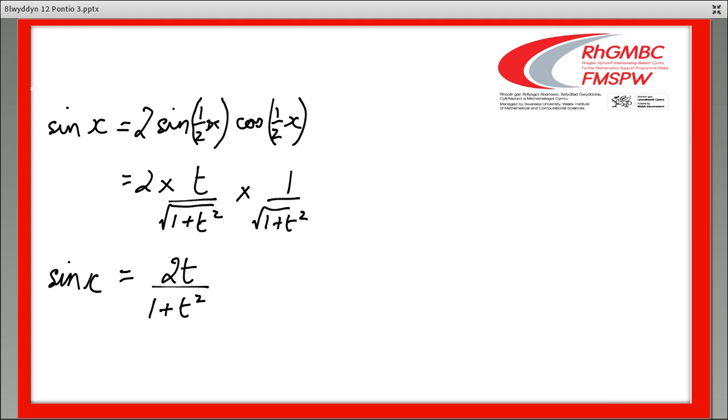And similarly, if we do cos x from the double angle formula, cos of x equals cos squared half x minus sine squared half x.